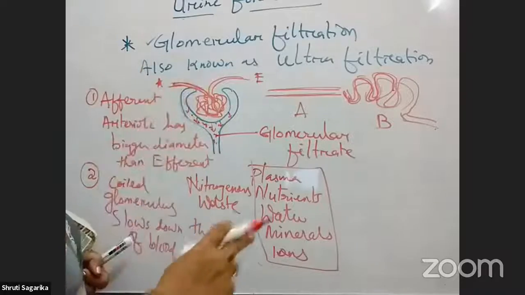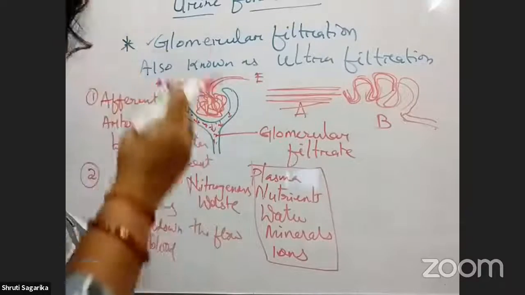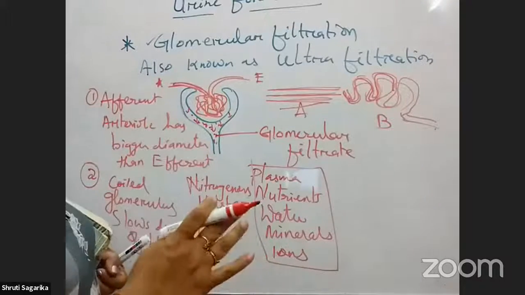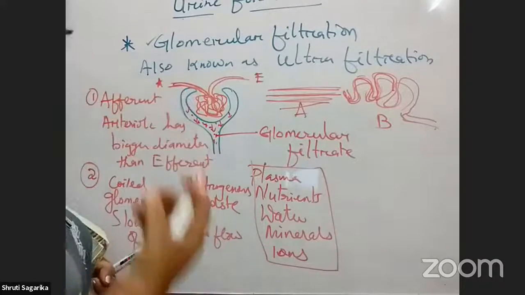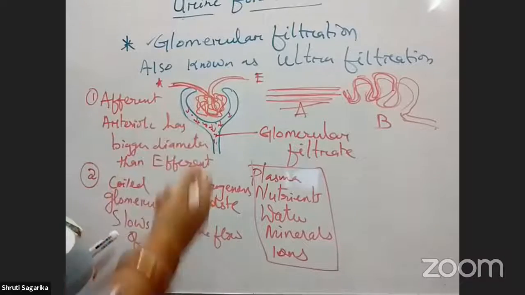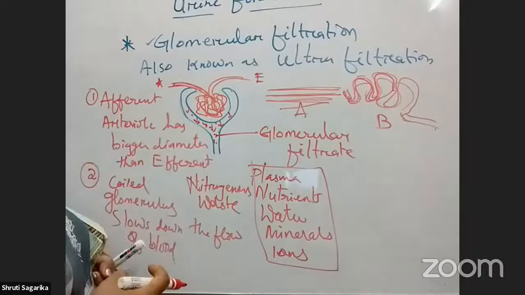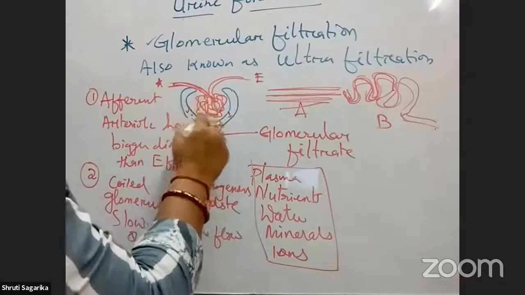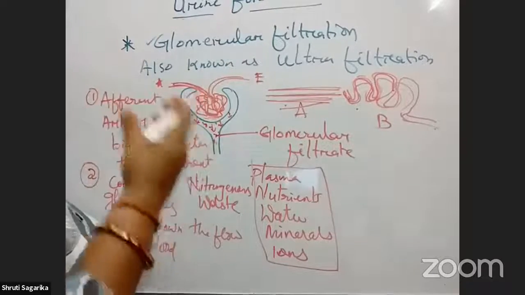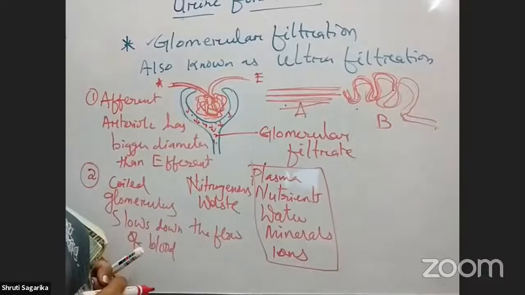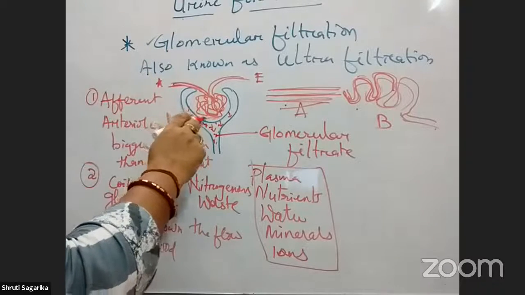If the glomerulus would have been a straight tube like this, then the blood would never have created pressure on the capillary wall, and we would never have had a functional kidney. It is because of the glomerulus that the kidney is able to produce the filtrate. If it would not have been a coiled structure like this, straight like this, then we would not have got the filtrate.